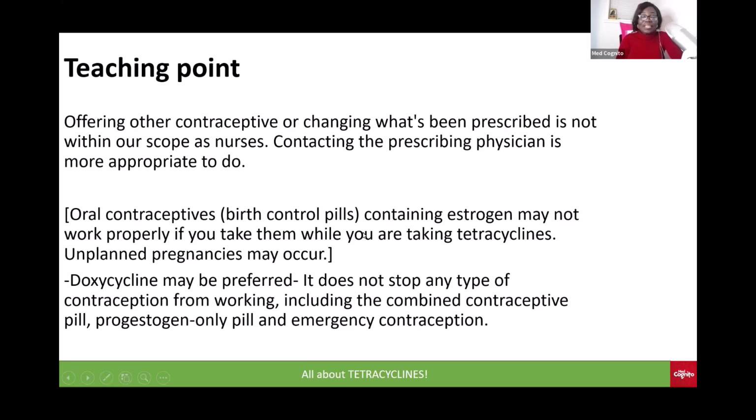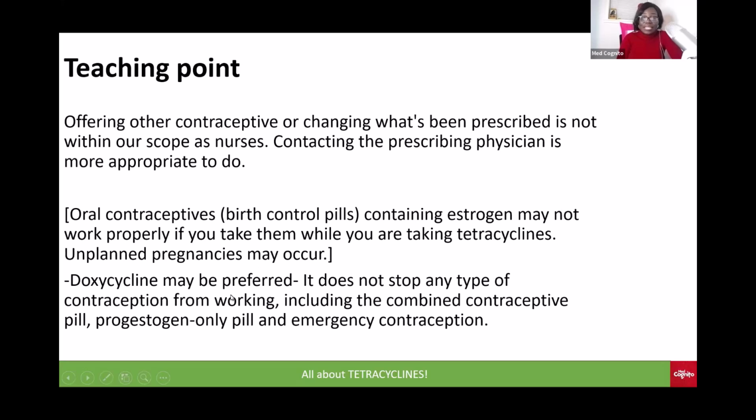So let's take a look at this. Oral contraceptive or birth control pills contain estrogens. The ones containing estrogen may not work properly if you take them while you are taking tetracycline. So the client is already on tetracycline. We would have to inform their prescribing physician.